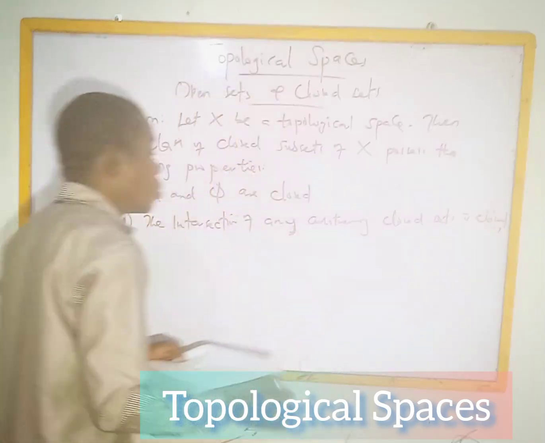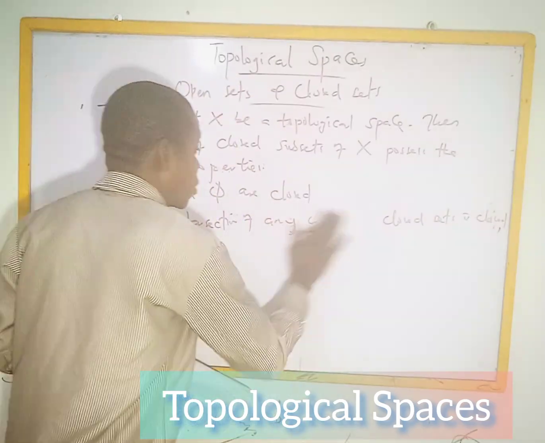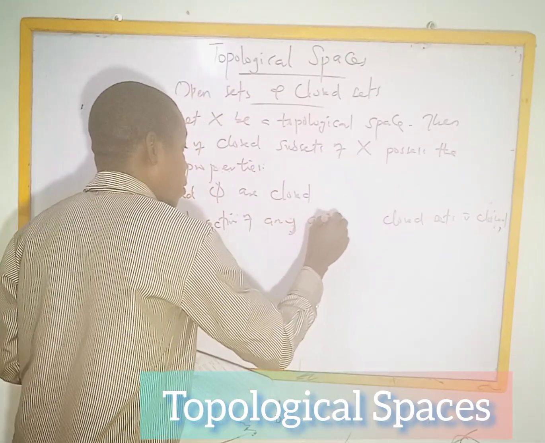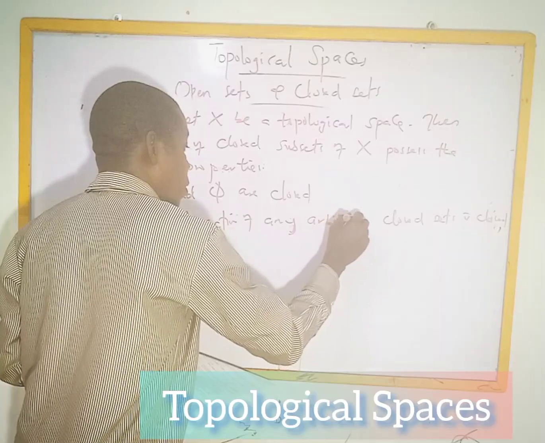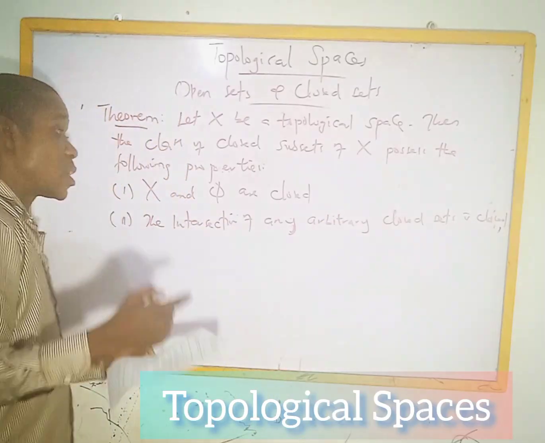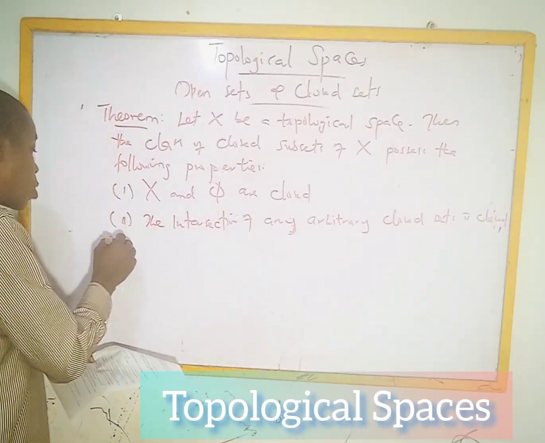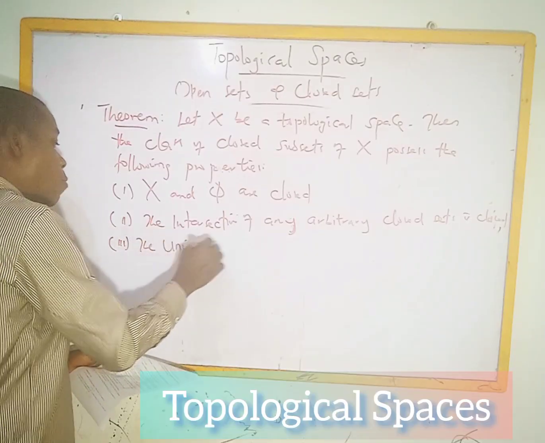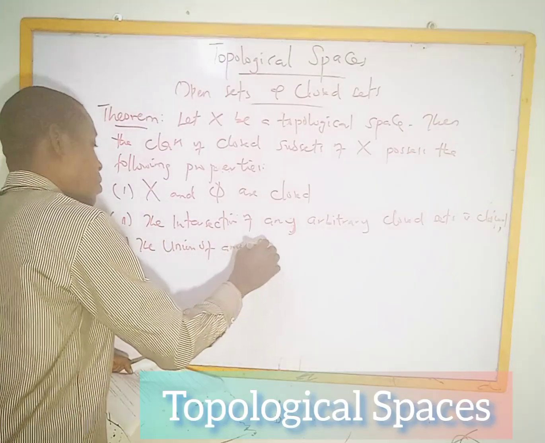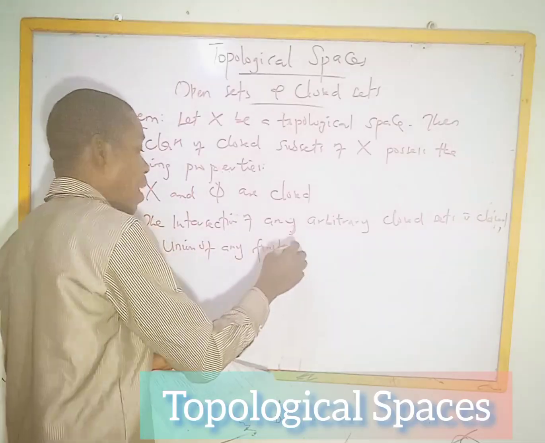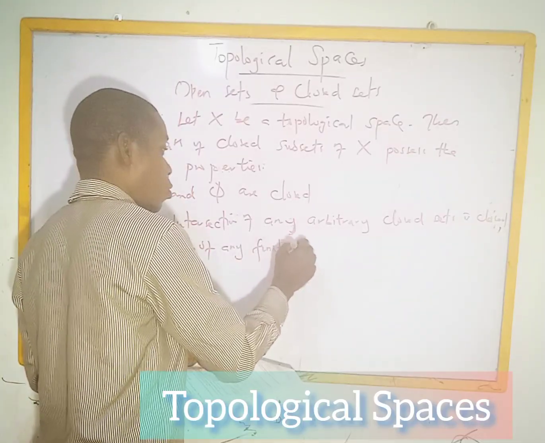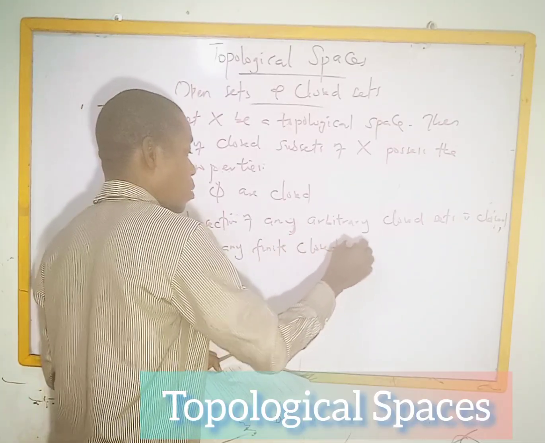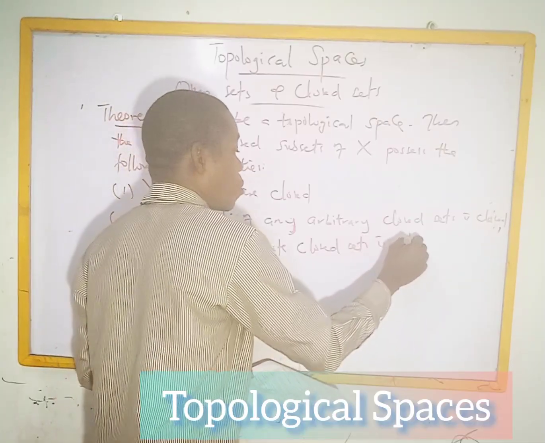Three: the union of any finite collection of closed sets is also closed.